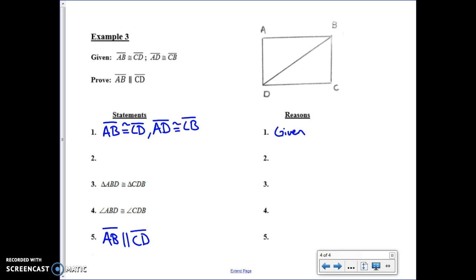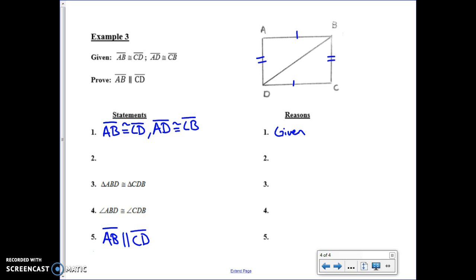We got to determine why that's true. So we only have one more statement to fill out. I noticed that the given statements are not marked, so I'm going to mark them in the picture. So AB and CD are going to get a single tick mark, and then AD and CB are going to get double tick marks. So now I see it's touching by one side.